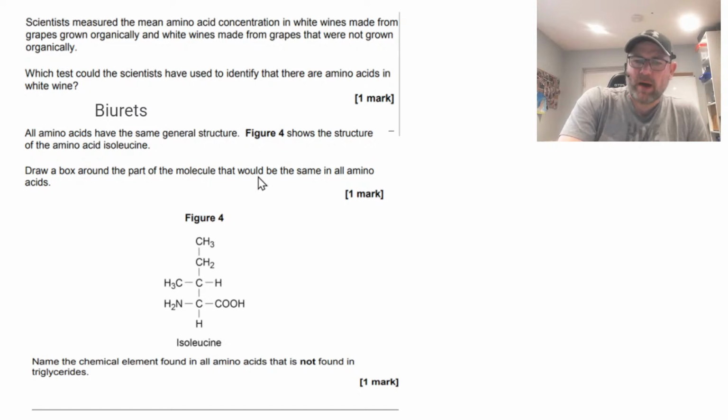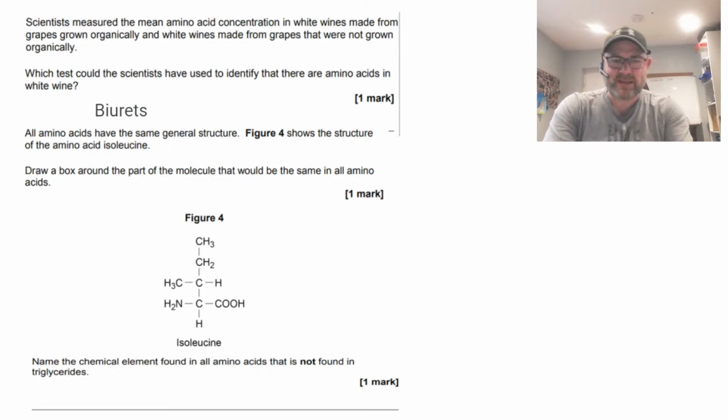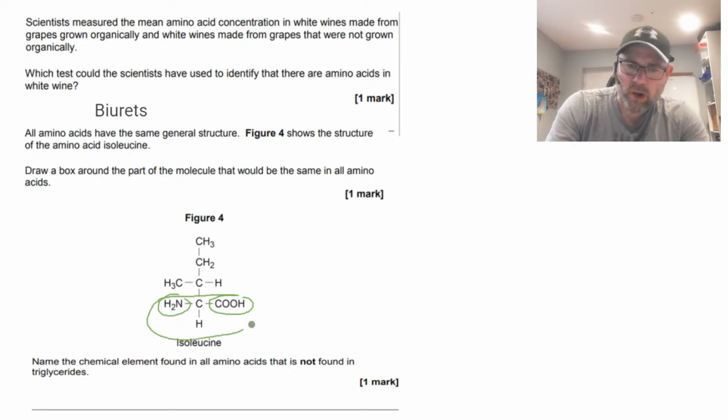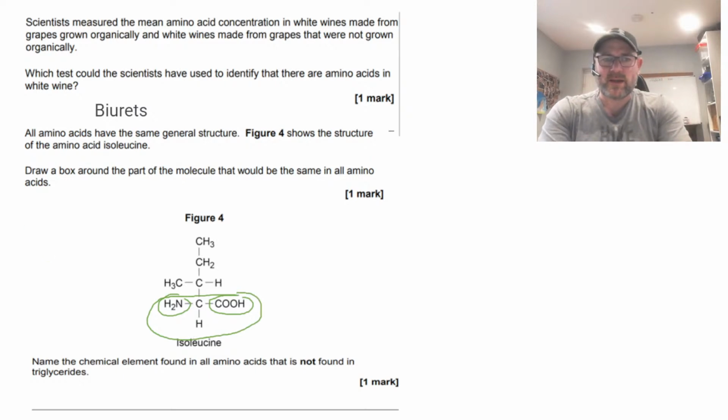Draw a box around the part of the molecule that's the same in all amino acids. So which bit of this is the same in all amino acids? What we've got to do here is identify our carboxyl group, identify our amine group, and then circle the constant region.